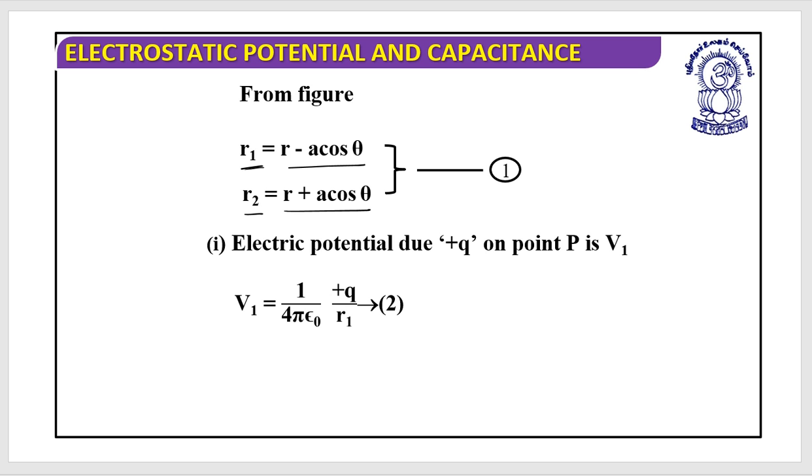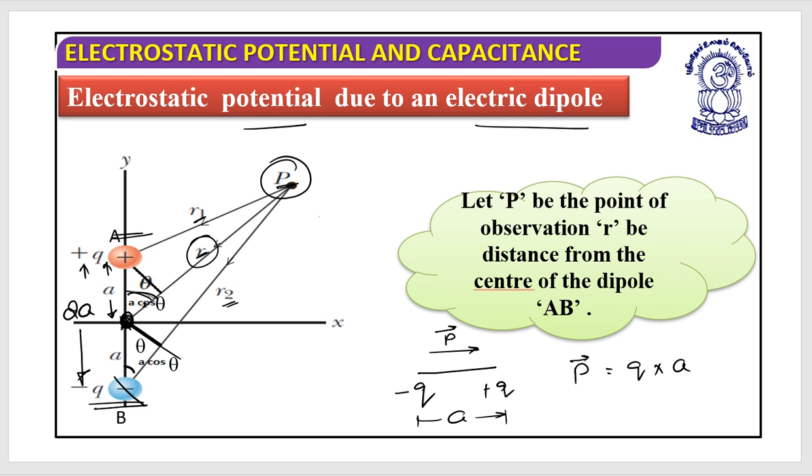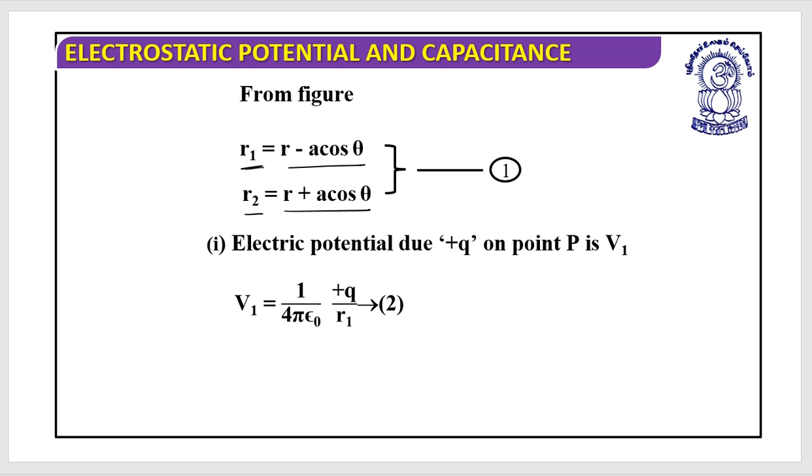I need to find the electrostatic potential at point P, so it's of the form kq by r. For the positive charge it is kq by r1, but for the other the charge is negative. First, the electrostatic potential due to the point charge q at point P, let's say it is V1, is kq by r1.